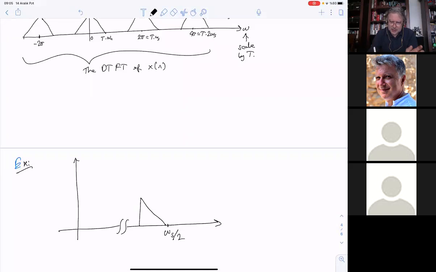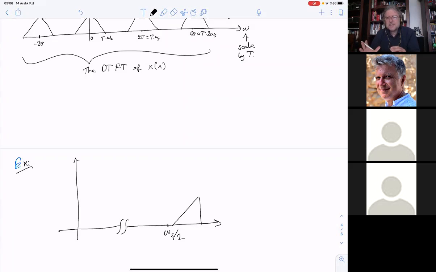So if around omega s over 2 we have this kind of a shape, as you see, it's to the right of omega s over 2, whereas everything should be essentially to the left of omega s over 2.